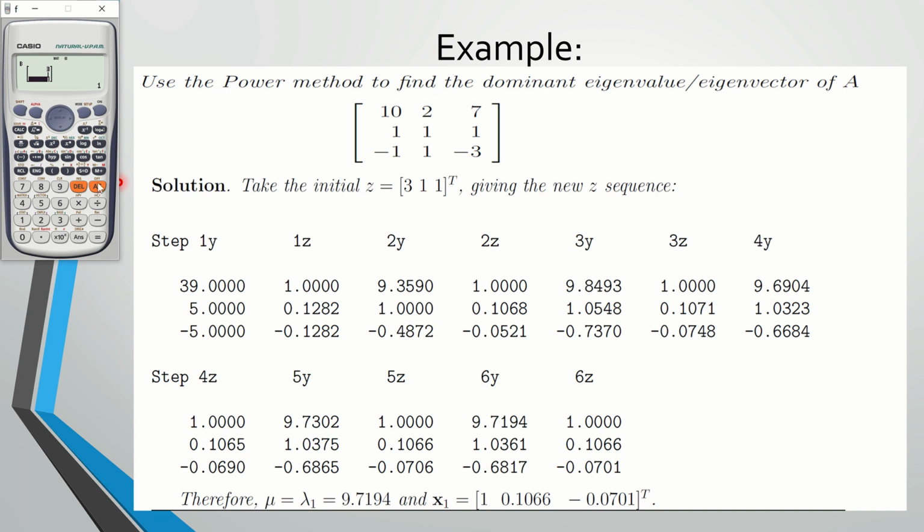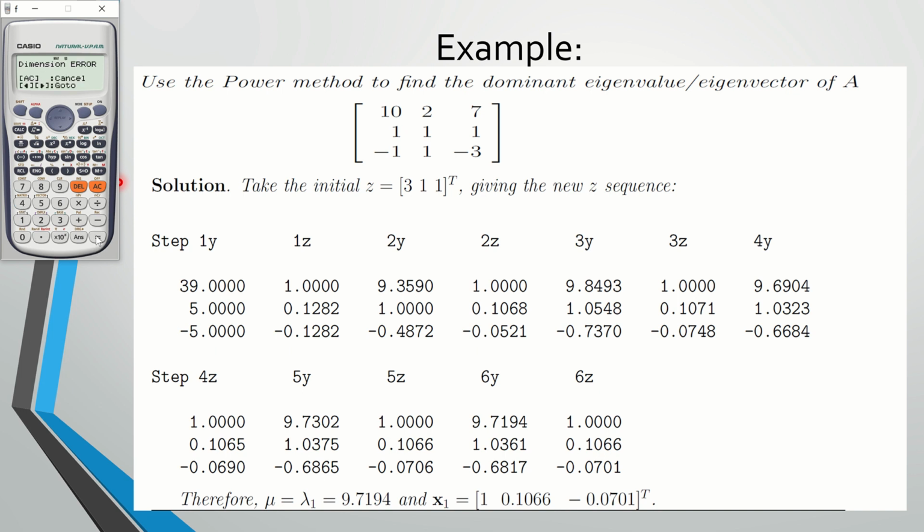Okay, and then this one. So let's do that. Shift and then matrix. I want to multiply 3 with matrix B, which is at 4.